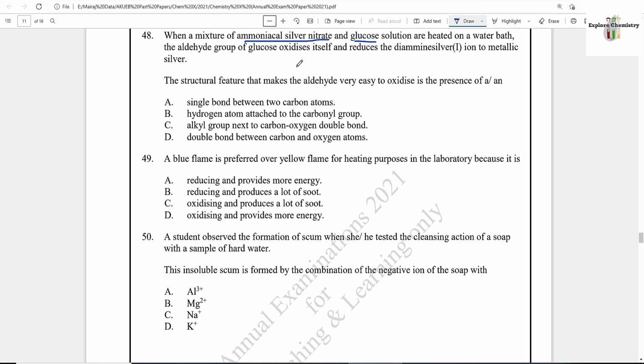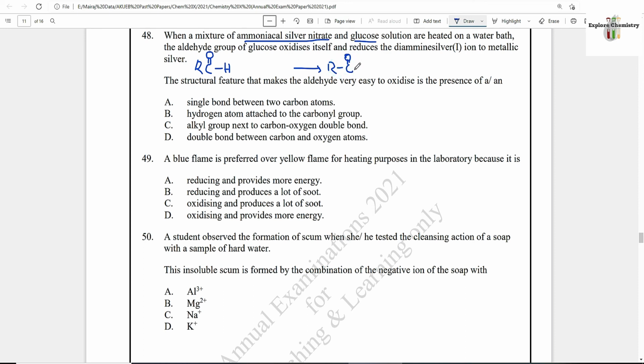If glucose is the reducing agent, it means it will oxidize in the given reaction. The reaction takes place in this way: this aldehyde group will convert into a carboxylic acid. This is known as oxidation of aldehyde.